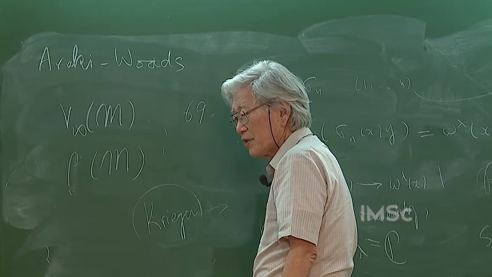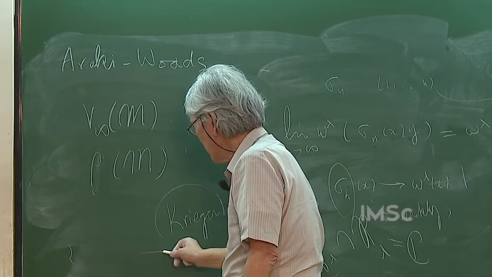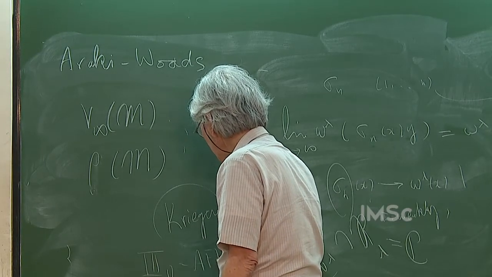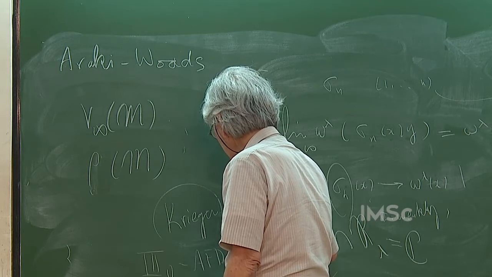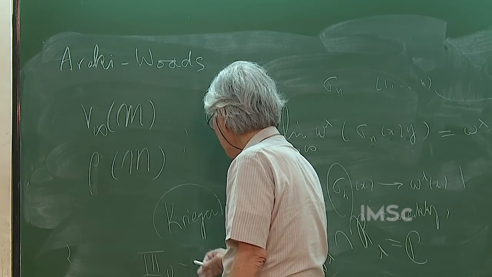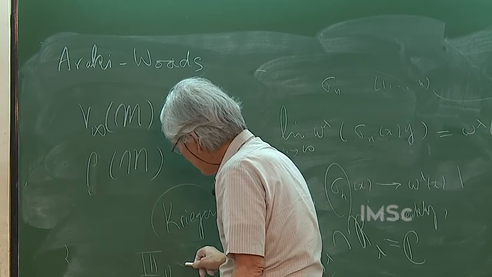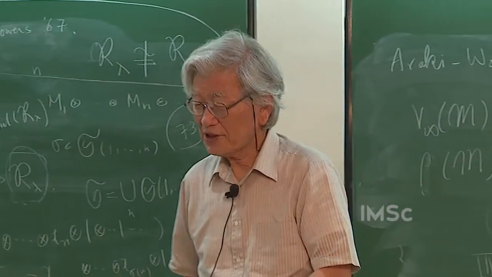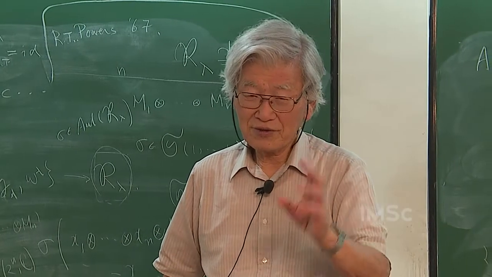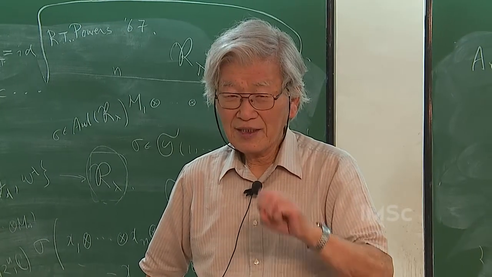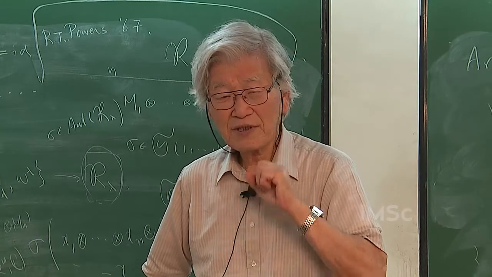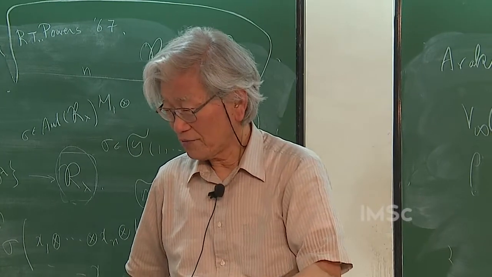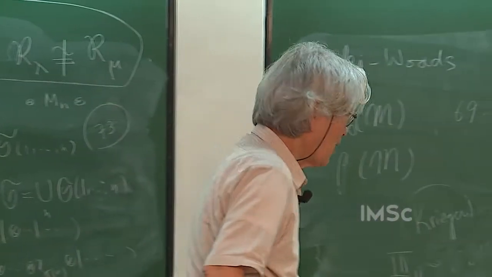He classified all III_0 measure space constructed factors. That's around '74 or so, '74, '75.